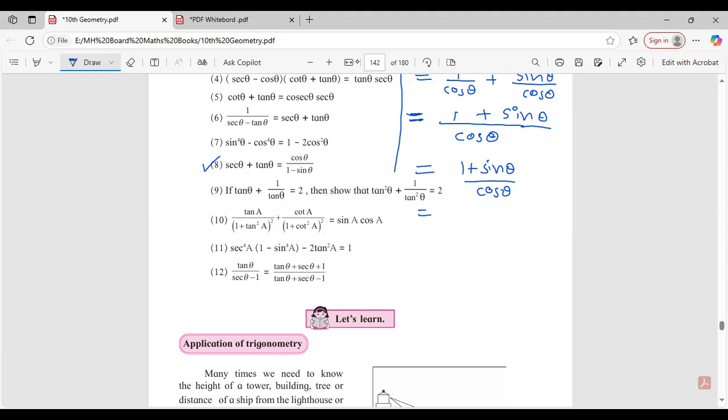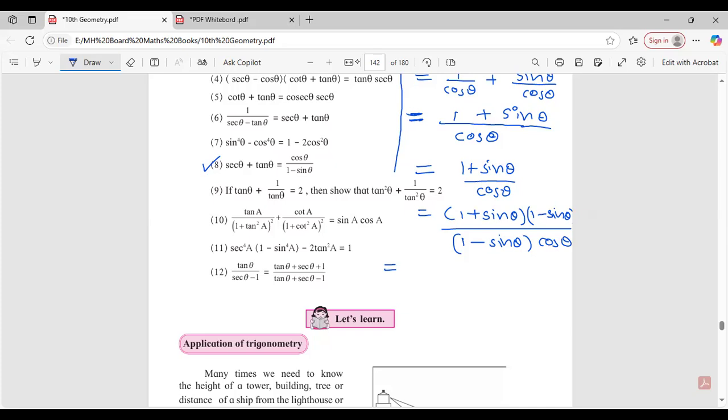Then we will rationalize by multiplying by 1 minus sin theta. So let's multiply by 1 plus sin theta into 1 minus sin theta divided by 1 minus sin theta into cos theta.